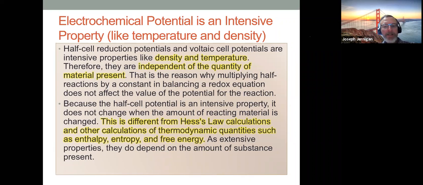This is different from Hess's law calculations and other calculations of thermodynamic quantities, such as enthalpy, entropy, and free energy. You remember Hess's law, right? The sum of the delta G's or the delta S's or the delta H's of the products multiplied by the stoichiometric coefficients.